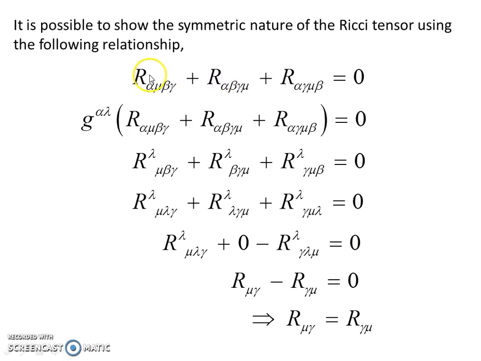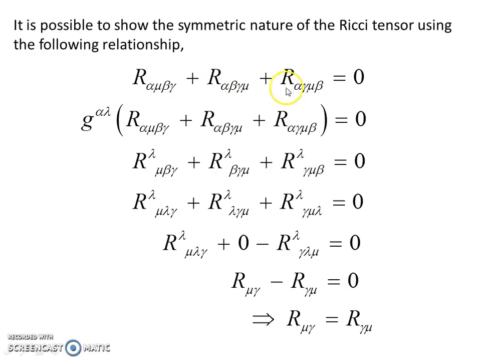In the last video we found this arrangement here where the Riemann tensor had the last three indices permuted: mu, beta, gamma; mu, gamma, mu, beta; three different arrangements of them, and the tensors then summed gave us 0.